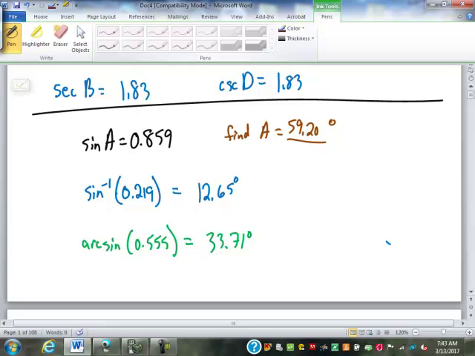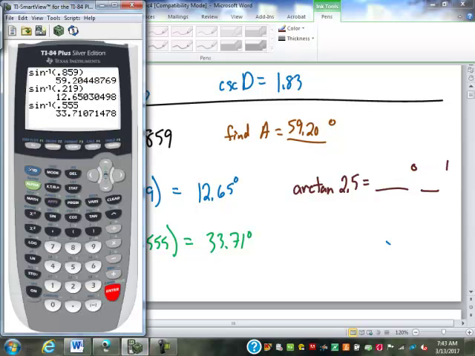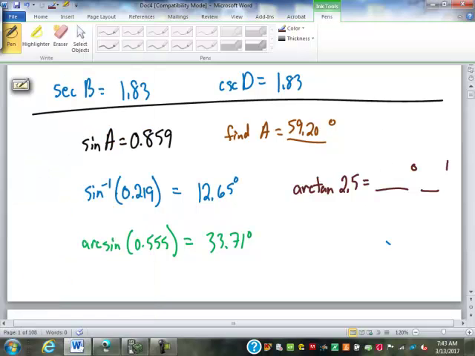If I were to give you arctangent of 2.5 equals, I'm asking for it in degrees and minutes, so the nearest minute. So arctan just means inverse tan, so second tangent 2.5, 68.20 degrees. But all I'm going to do is put down the 68 degrees here.